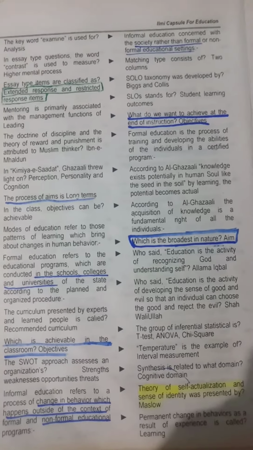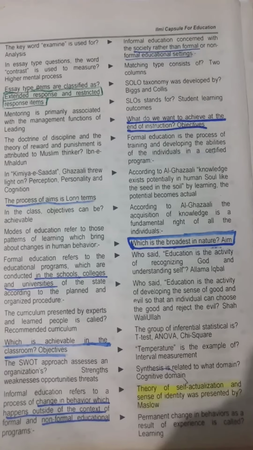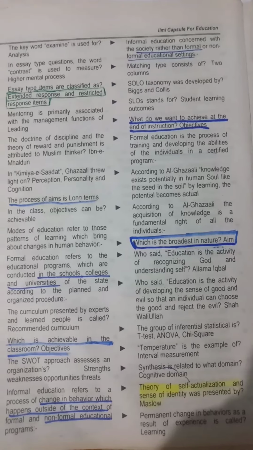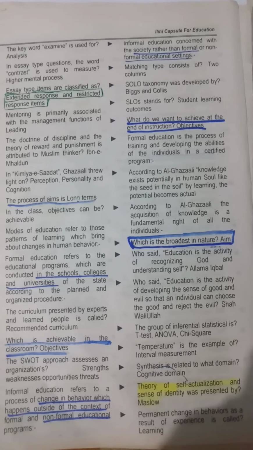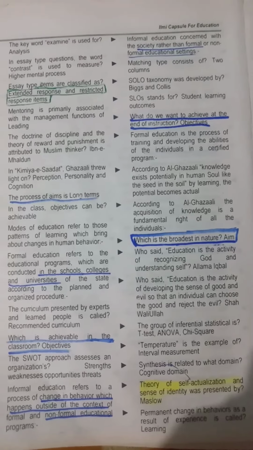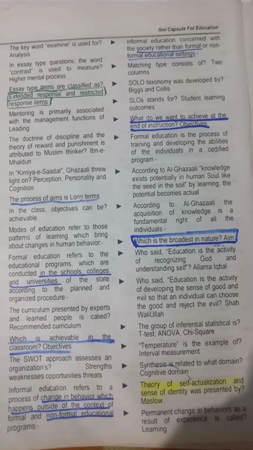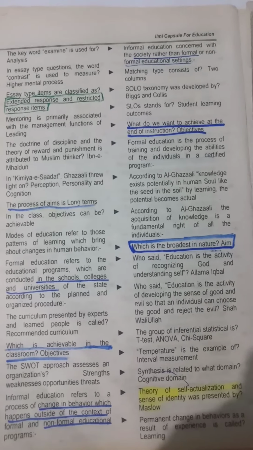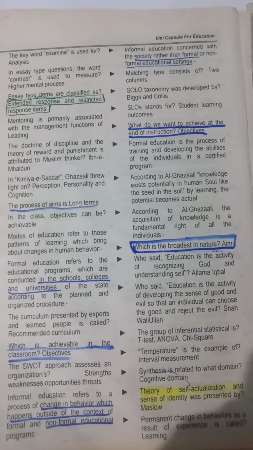Which is the broadest in nature, aim. Who said education is the activity of recognizing God and understanding self? Allama Iqbal. Who said education is the activity of developing the senses of good and evil so that an individual can choose the good and reject the evil?